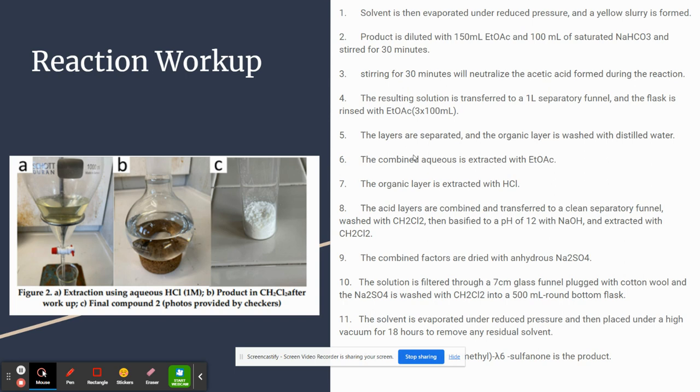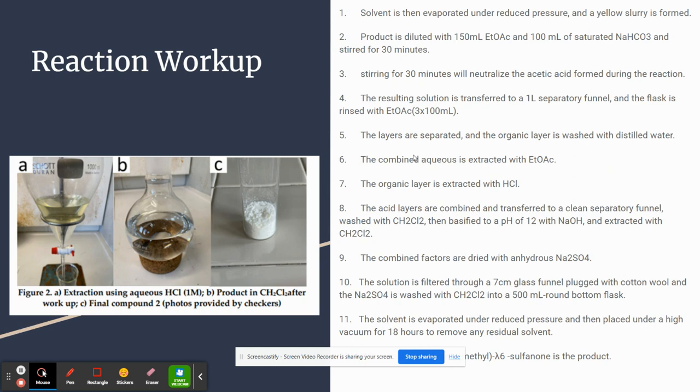The resulting solution is transferred to a 1 liter separatory funnel, and the flask is rinsed with EtOAc, 100 milliliters 3 different times. The layers are separated, with the organic layer washed with distilled water. The combined aqueous is extracted with the EtOAc.